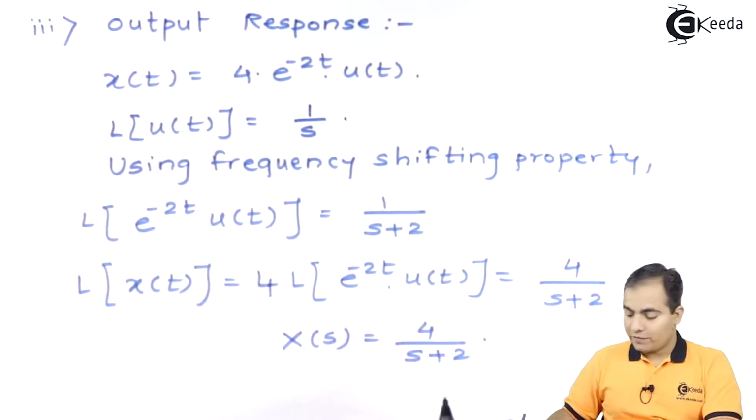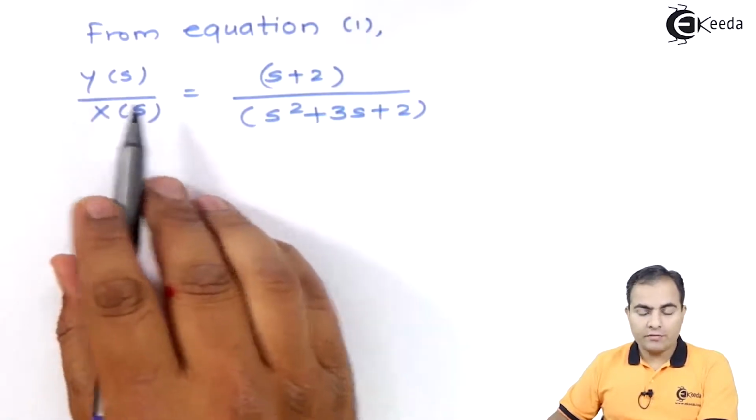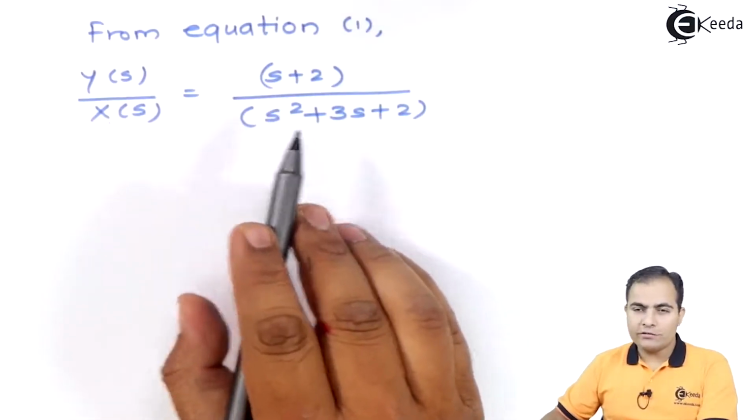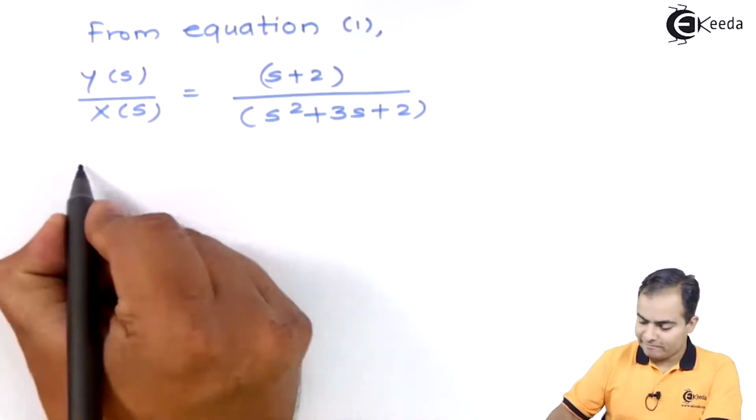Now what is our next step? We are going to substitute this value in equation number 1. From equation number 1, y of s by x of s equals s plus 2 in the numerator, and in the denominator we have s square plus 3s plus 2. Now we'll multiply this x of s on the right hand side.